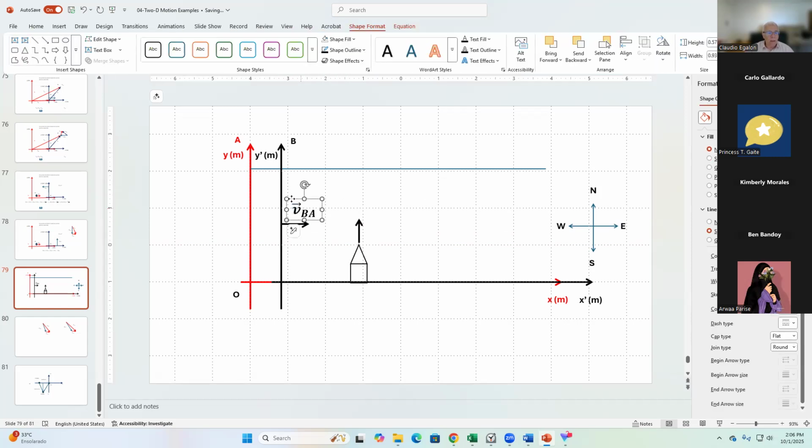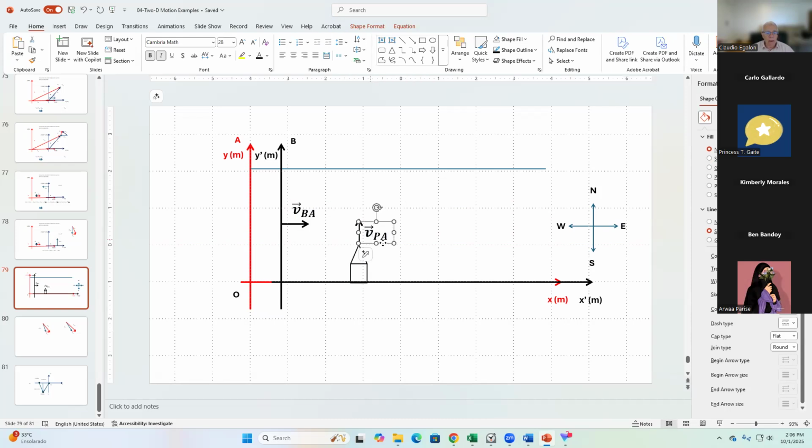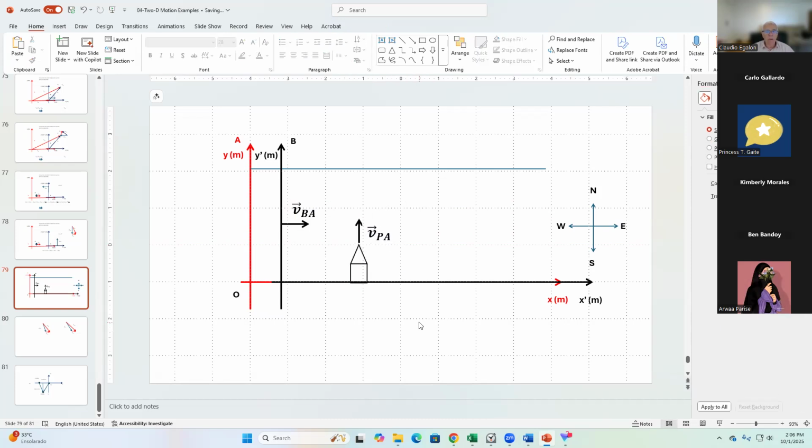The velocity of my boat, my point P with respect to referential A, is pointed towards the north.